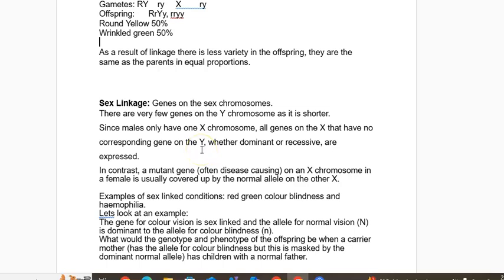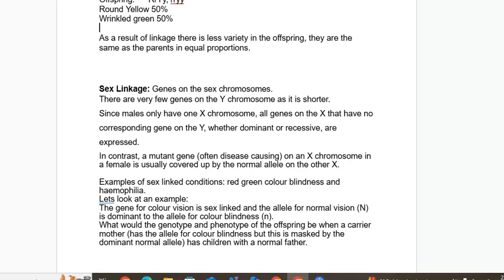So in females, if a female does have the mutant gene, it's normally covered up or masked by the normal dominant allele, so the female doesn't suffer. However, as we'll see later on, if the male has this mutant gene, he is going to suffer from the condition. Right, so again we look at an example here.